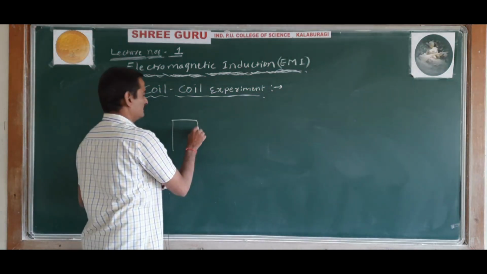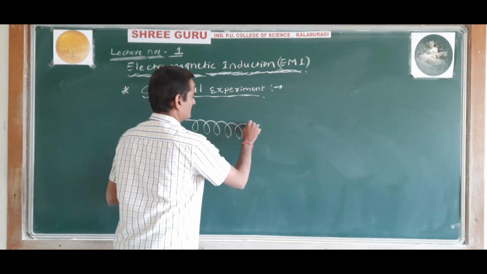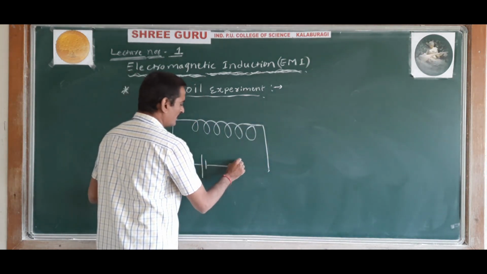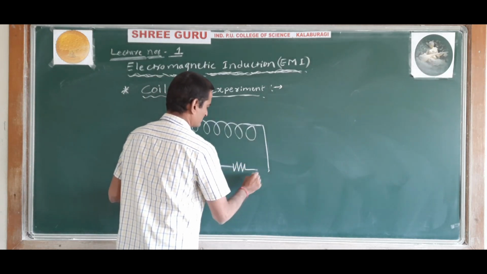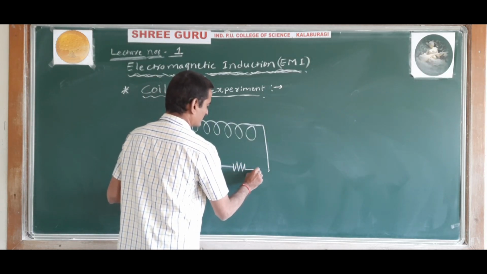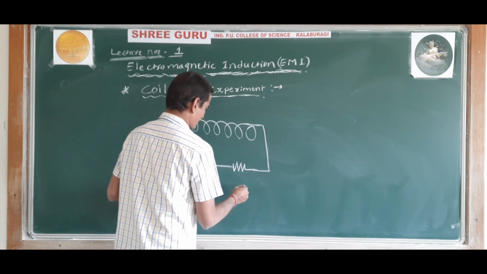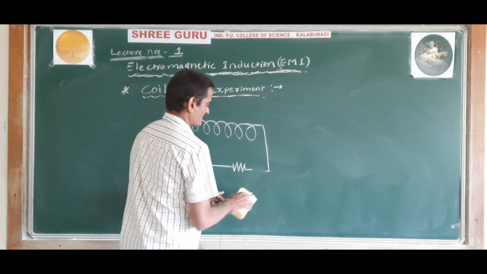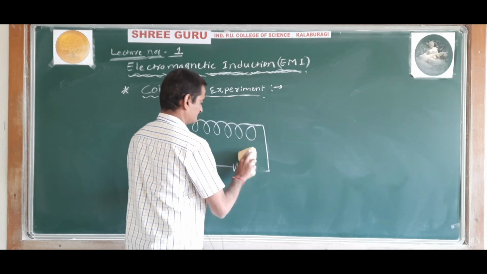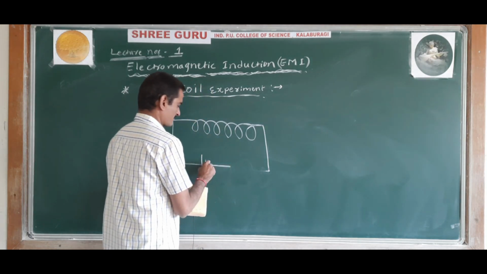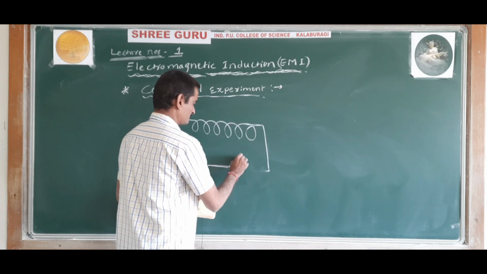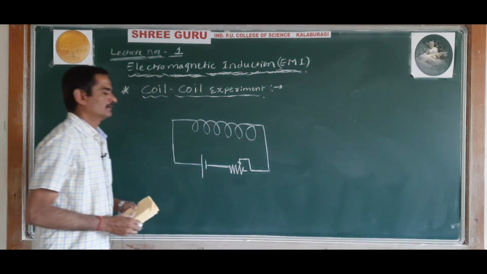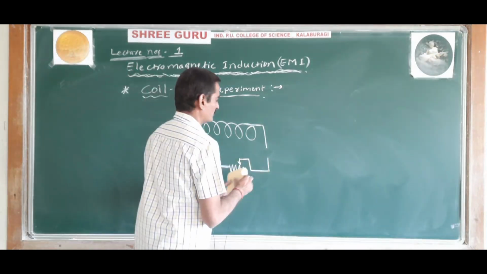Okay. So there is a coil. It's called the primary coil. This primary coil is connected to a battery and let us say also connected to a rheostat, and a plug key.